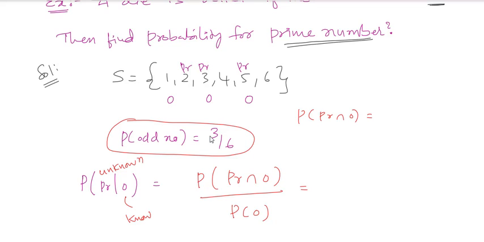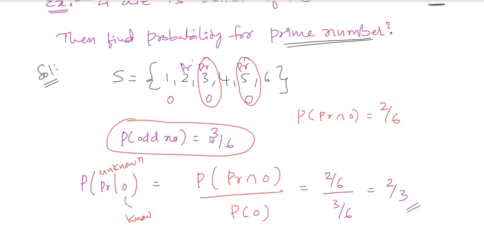Prime number intersection odd number gives 3 and 5, so which is nothing but 2 divided by 6. Now substitute: 2 by 6 divided by 3 by 6. The 6 will get cancelled and you will have 2 by 3.